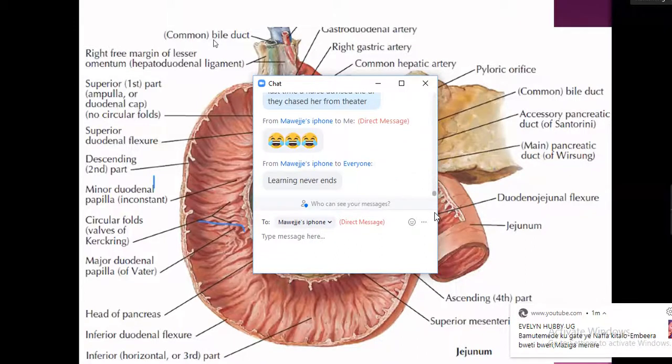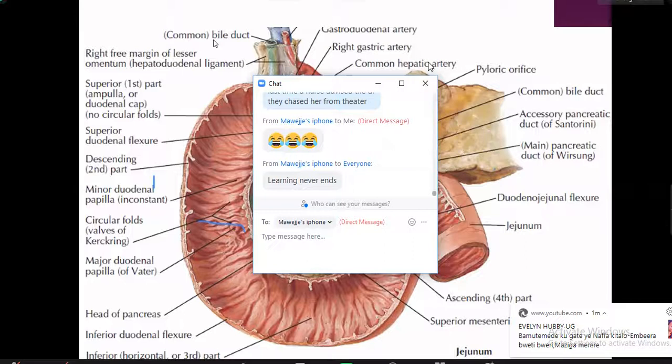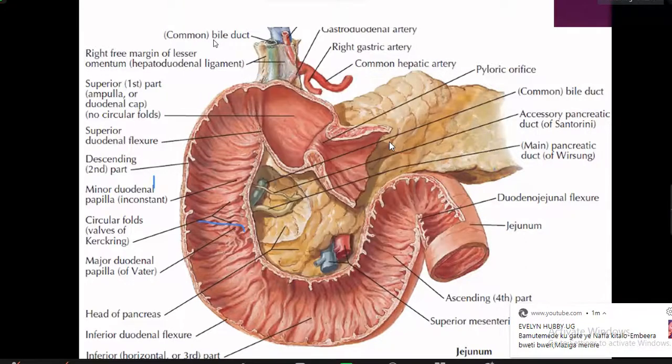Actually, you were talking of the greater omentum being the policeman of the abdomen.